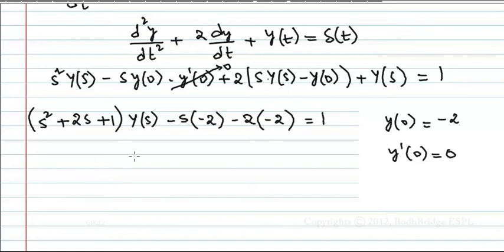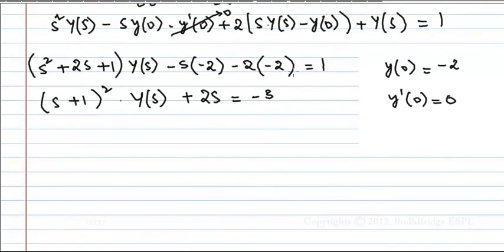Therefore y of s into s plus 1 whole square plus 2s is equal to minus 3. Y of s is equal to minus 2s minus 3 by s plus 1 whole square.